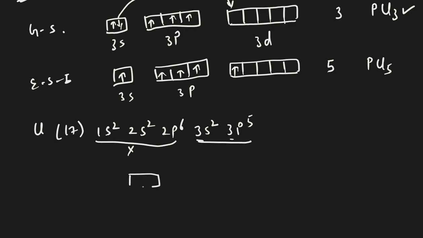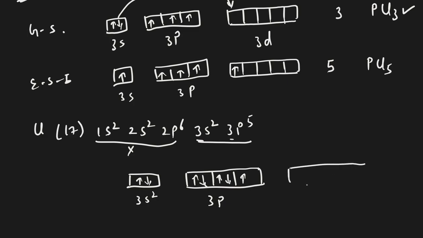So how can we represent it? 3s2, 3p5. 1, 2, 3, 4 and 5. And don't forget, in case of principal quantum number 3, when n is 3, possible l values are 0, 1 and 2, that is why s, p and d are also possible, though d is entirely empty, still it is there.